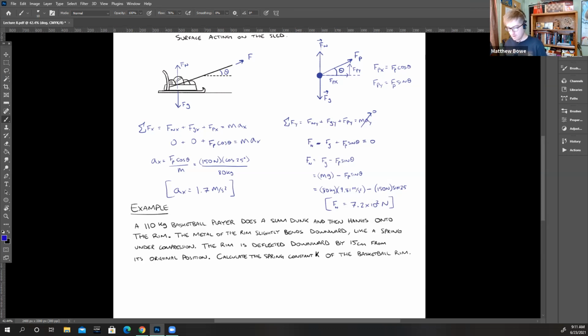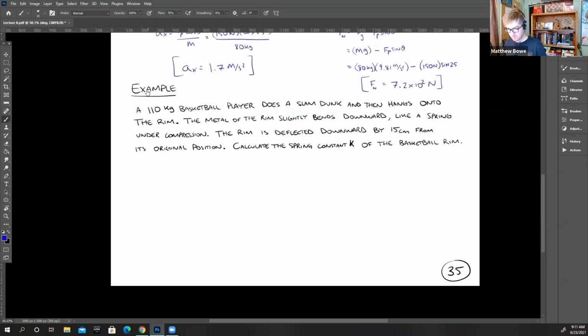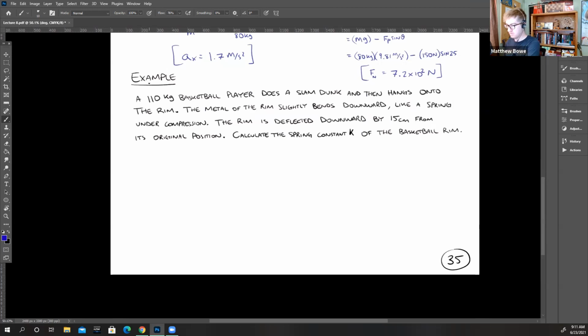Oh, perfect. Next example, this might be the last one. Maybe I could get through one more. We'll see. But anyway, in this example, a 110 kilogram basketball player does a slam dunk and then hangs onto the rim.